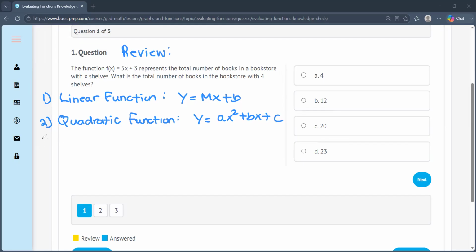And then there are some key terms you need to know about. When you're evaluating functions, you must know the word input. Input is something you put inside the function, and it's usually an x value. It could be a letter and a number as well, but most likely it's just an x value.